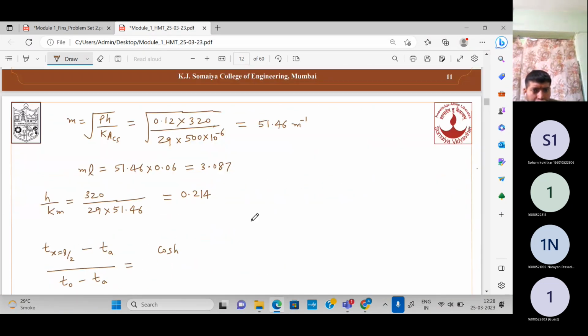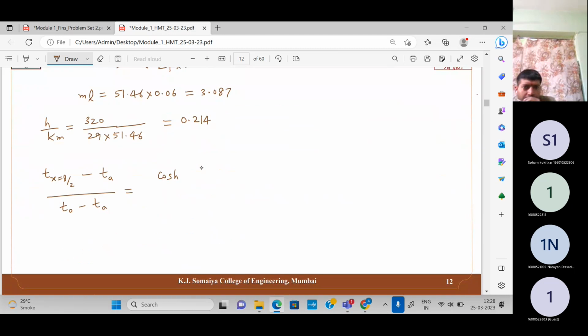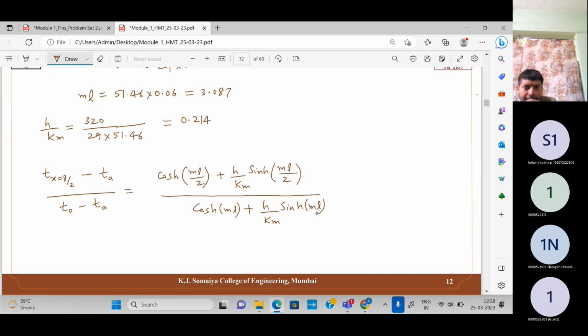Okay, cosh mL by 2 plus h by km into sinh mL by 2, divided by cosh mL plus h by km into sinh mL.